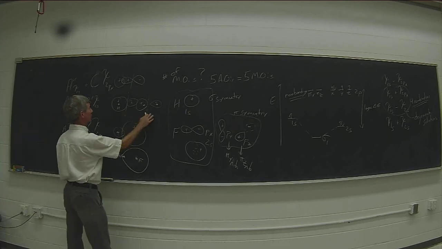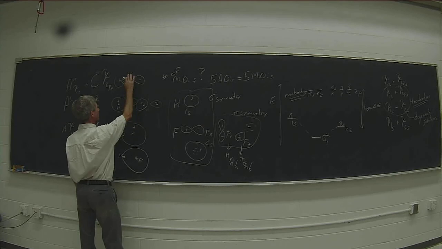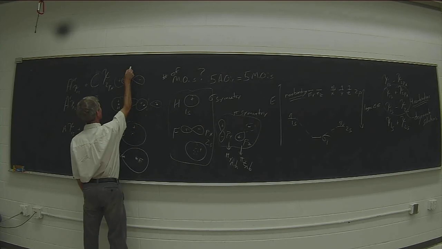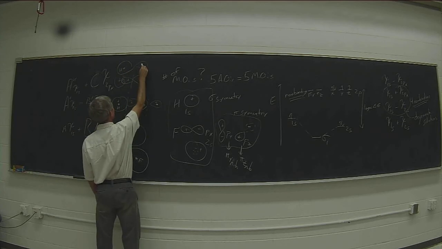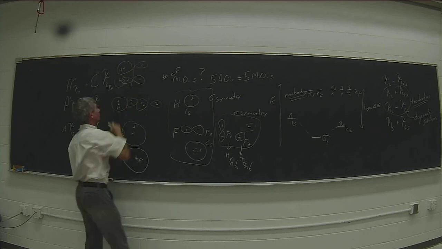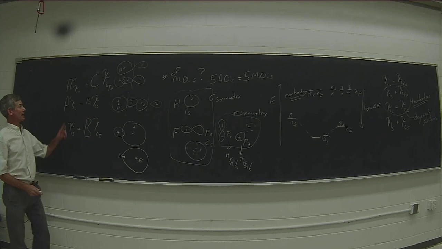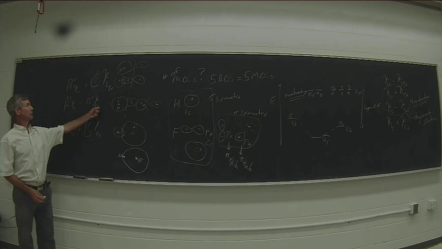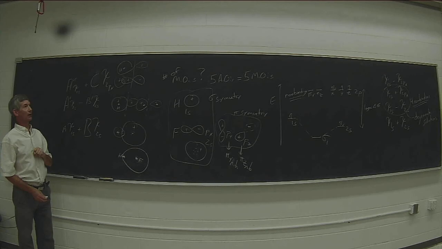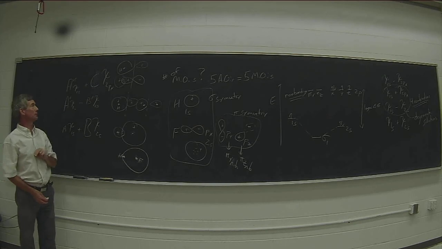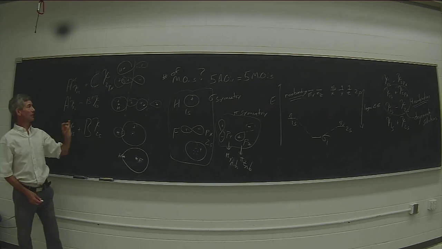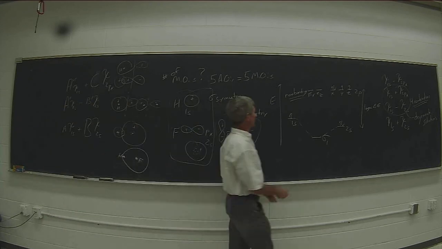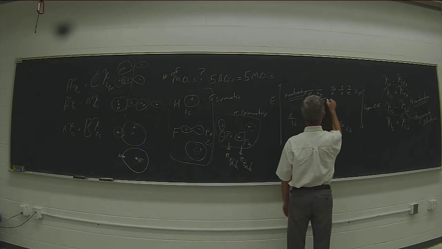The position of the node might be slightly different, but we predicted a fairly large lobe over here on the hydrogen side, and a fairly small lobe over here on the fluorine side with a single node. Whether you get to it by destructive overlap with the 2s orbital on fluorine or constructive overlap with the 2px orbital on fluorine, you predict the same thing, a single node orbital, sigma 2.